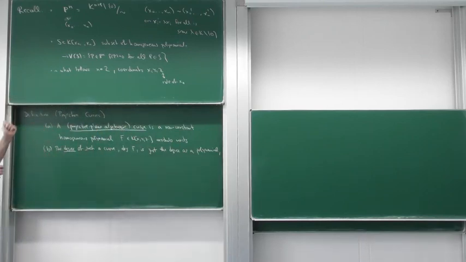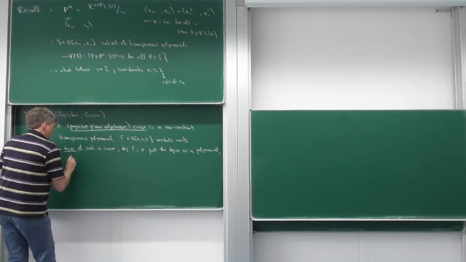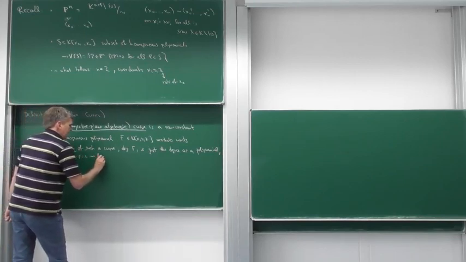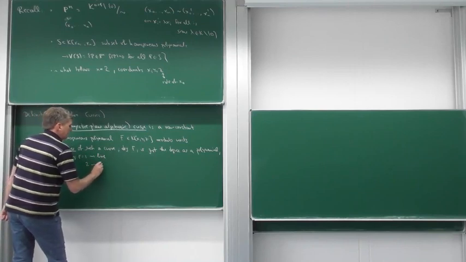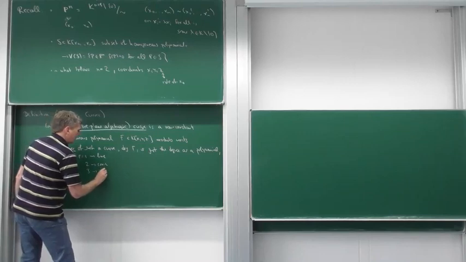So if the degree of F is 1, we will call this a line. For 2, it will be a conic. And for 3, it's called a cubic, and so on.